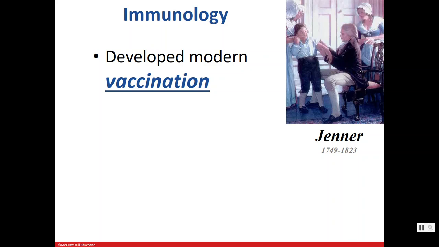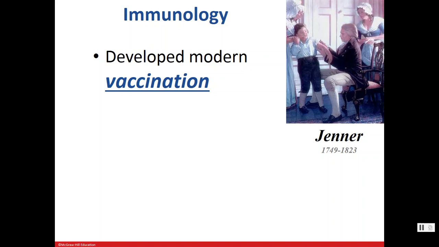Well, this is why. And so he decided that he would take one of those cowpox lesions from an infected human. He basically turned it into an emulsion, injected it into a child, and some accounts say that it was his own child, some say it wasn't.